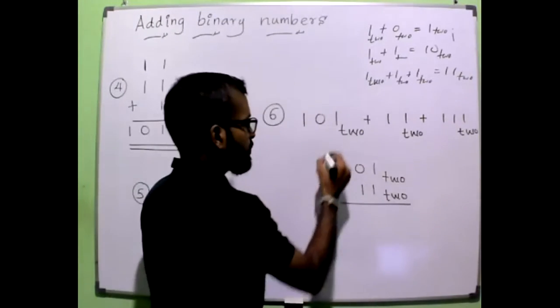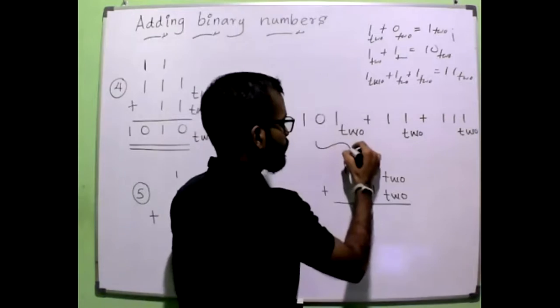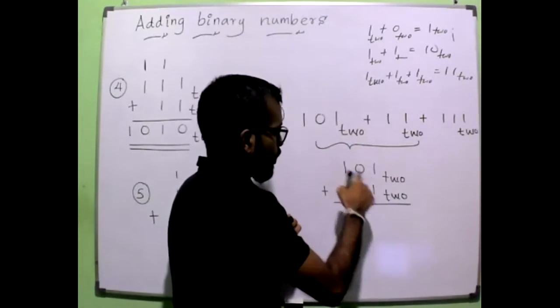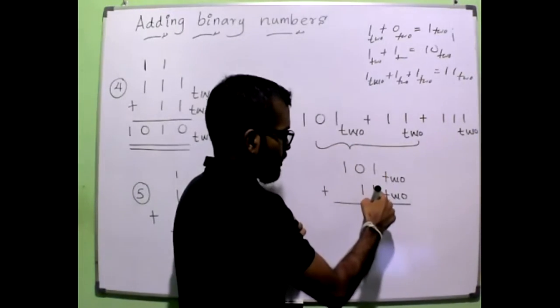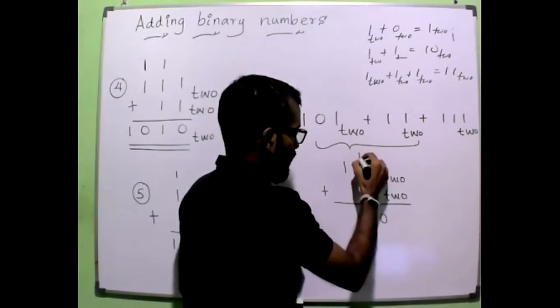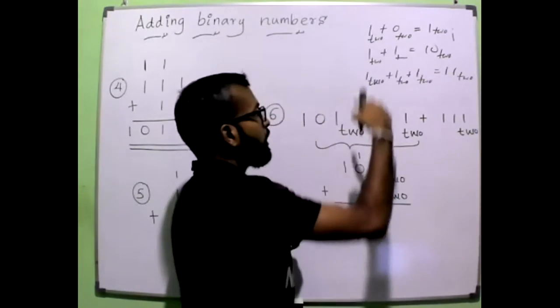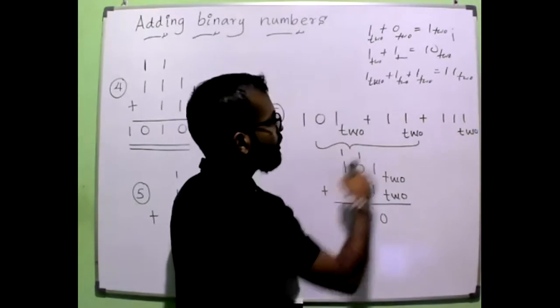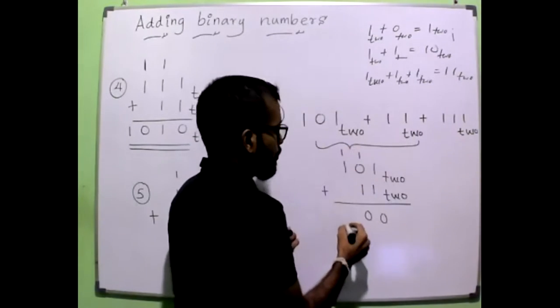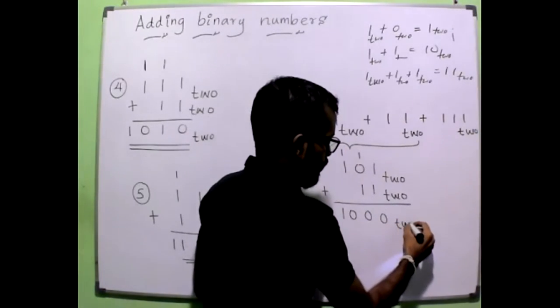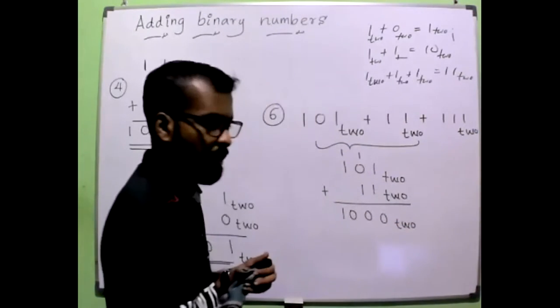Now let's see. First of all, I will take these two only to do the addition. Now I am going to obtain the answer. 1 plus 1 is 10, 0, and I will put 1 here. 1 plus 1 is 10, 0, 1. 1 plus 1 is 10. So this is the answer, base 2.